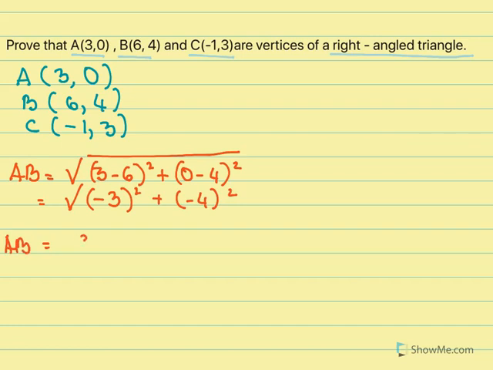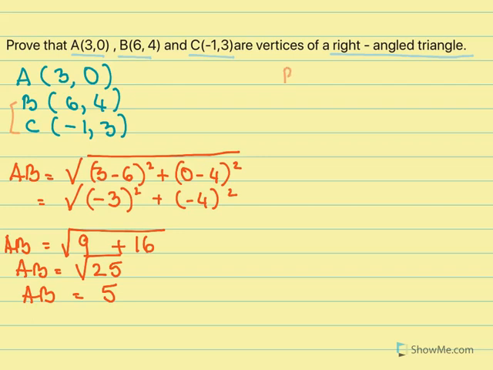So AB is 9 plus 16, and AB is under root 25. So we have AB equal to 5. So I found AB. Now I'm going to find BC, all the three sides of the triangle.